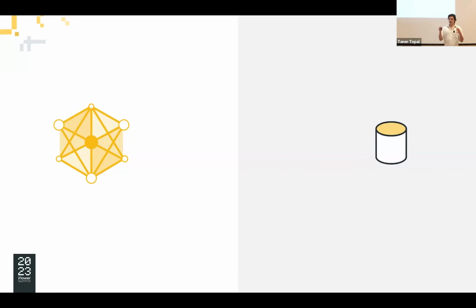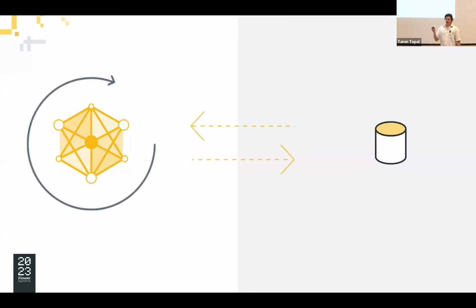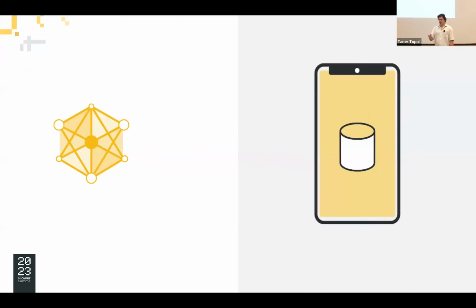In this case, this octagon is supposed to represent a neural network, but that can also be linear regression. It doesn't really matter. Using this data, we're going to train this model through different iterations, so the data is going to be used to improve the model and so on.